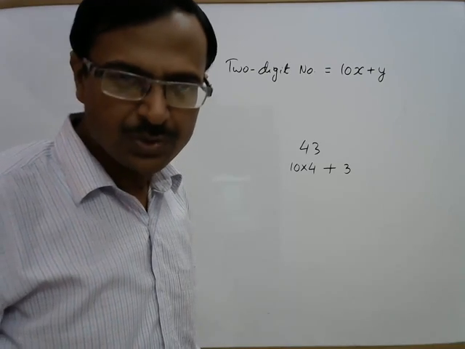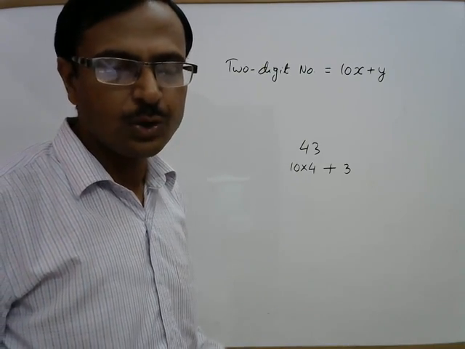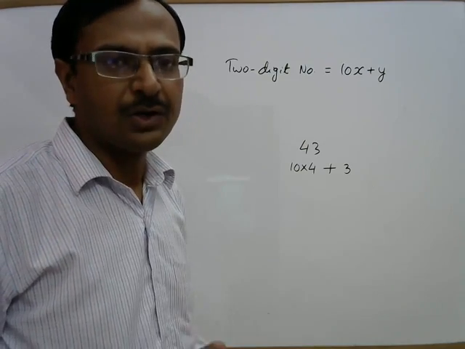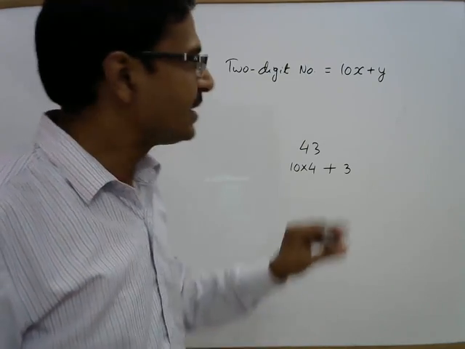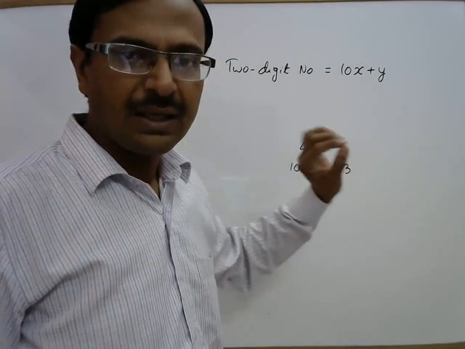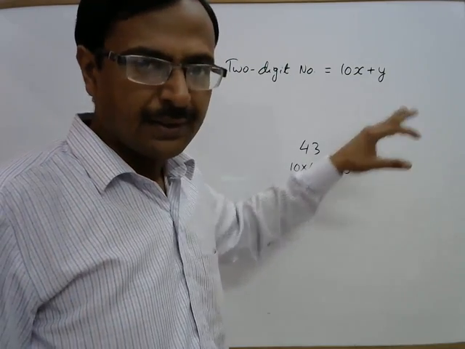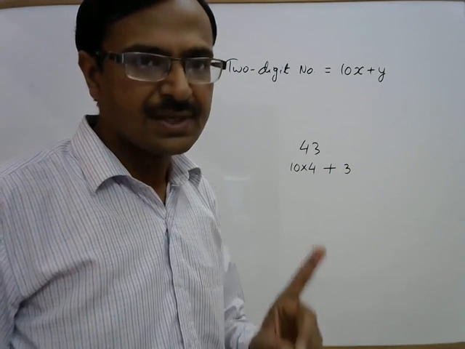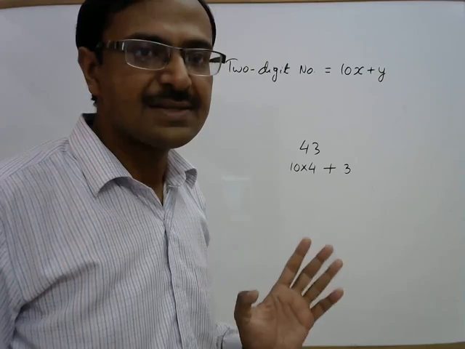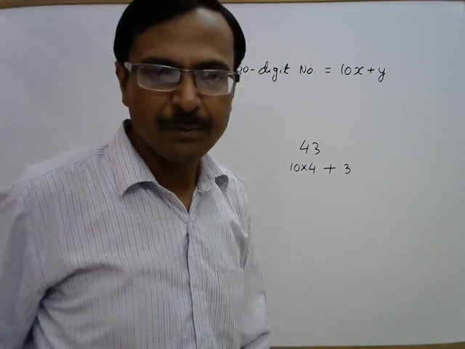So always remember, students, whenever you are asked to find a two-digit number, you have to assume the two-digit number as 10 into x plus y, in which the digits are only x and y. 10 comes because the digit x is in the tens place. So this is the number.